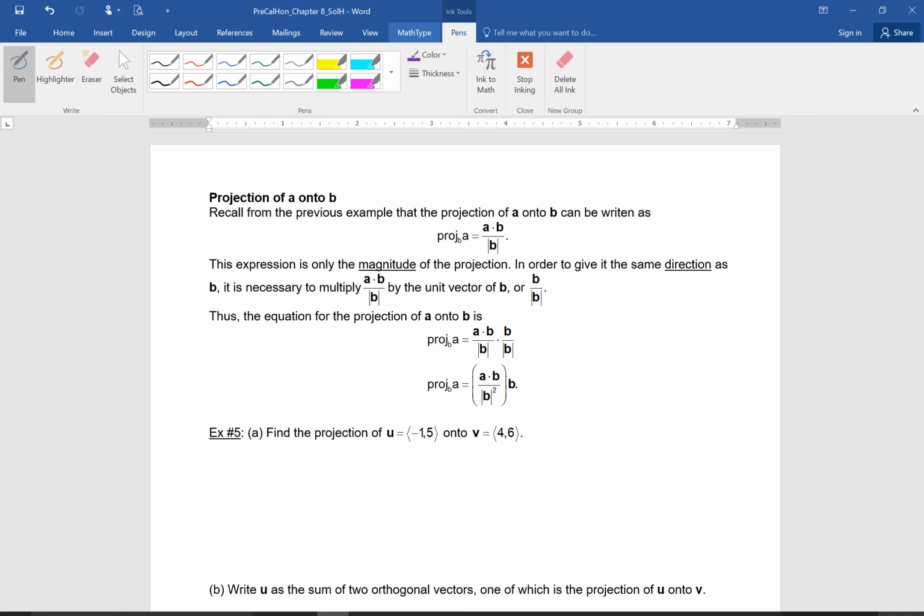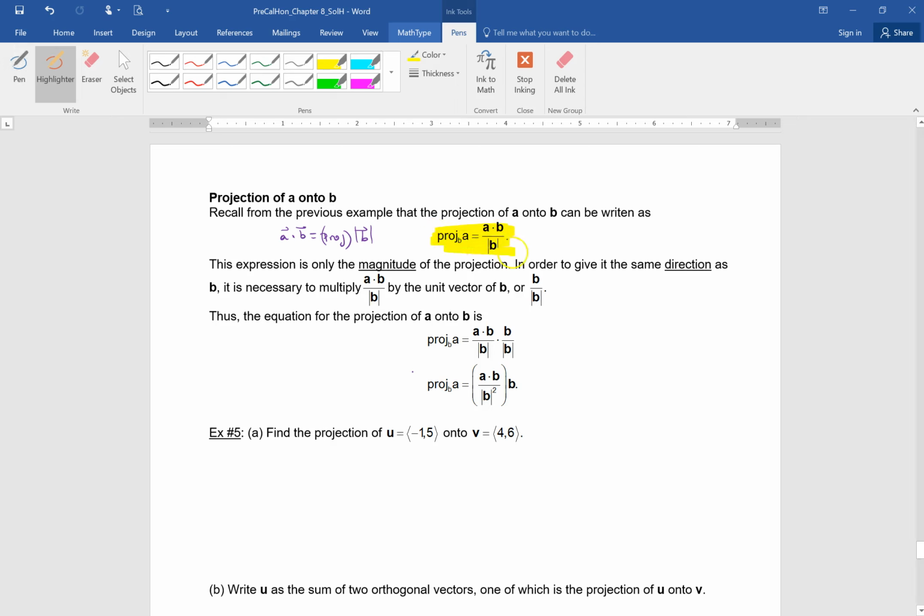What we talked about before was that A dot B was the projection times the magnitude of B. So if I solve for the projection, it's A dot B over the magnitude of B. Now, A dot B is a scalar and the magnitude of B is a scalar, so the projection is just a scalar.